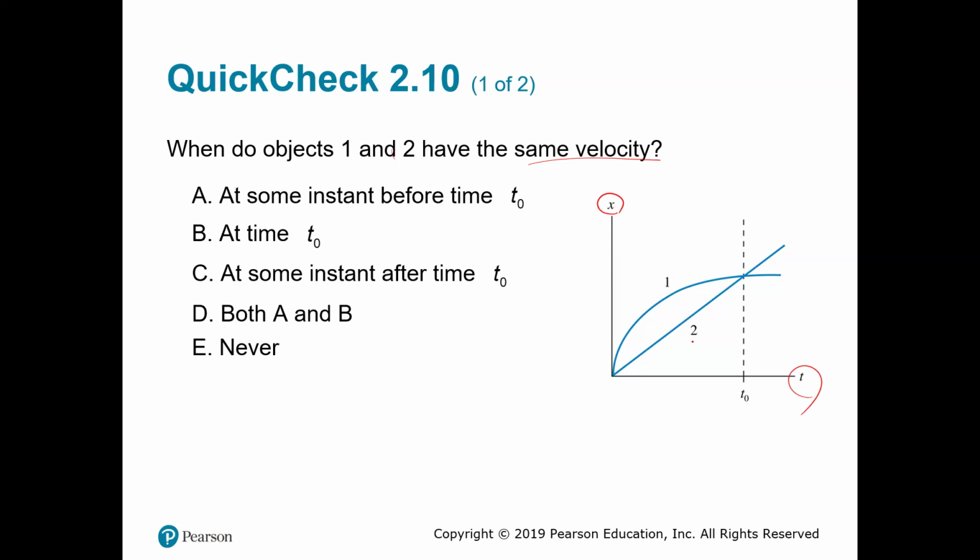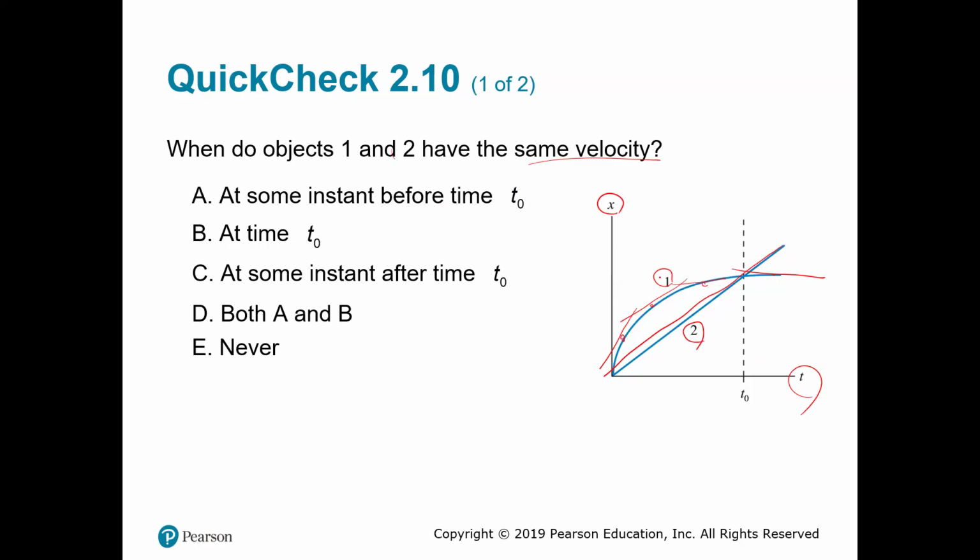Object number 2 has a straight line, so this is a constant velocity motion. But object 1 has a different slope or tangent at each point. Here the tangent is here, here the tangent is here, and here the tangent is this one.